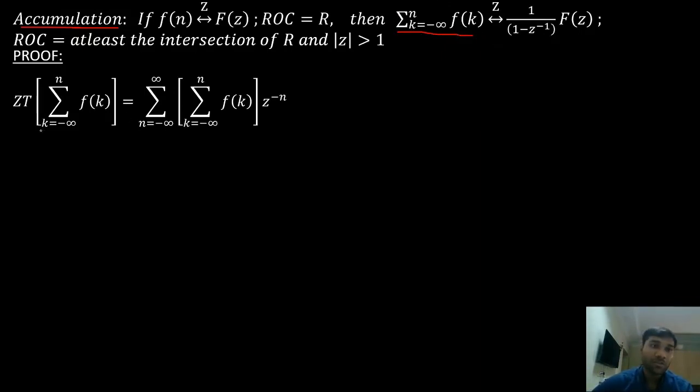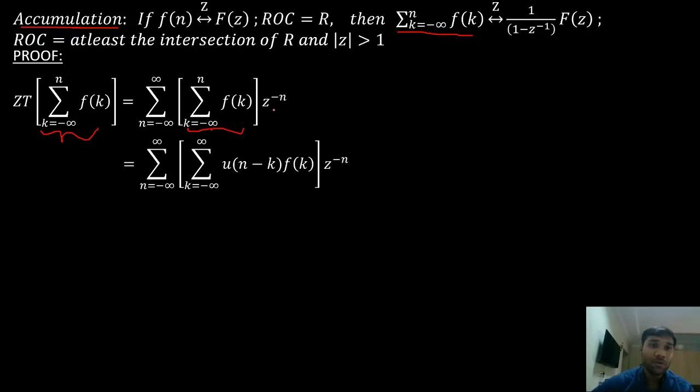I'm going to substitute this function in the z transform definition, minus infinity to infinity, the function multiplied by z inverse. Now I'm going to write the function inside the brackets as summation of f of k multiplied by u of n minus k, with k from minus infinity to infinity.